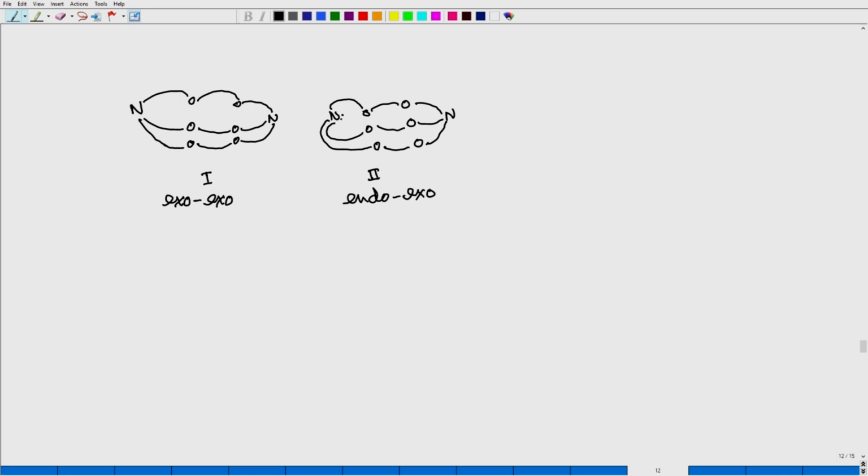Here the lone pair is pointing inside, and then I will have both in-in.